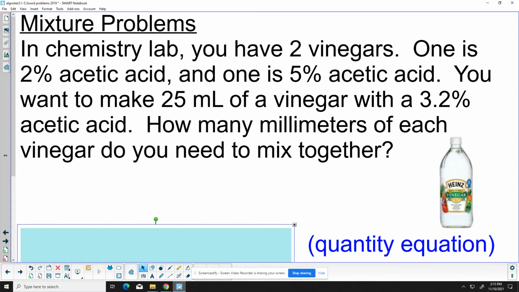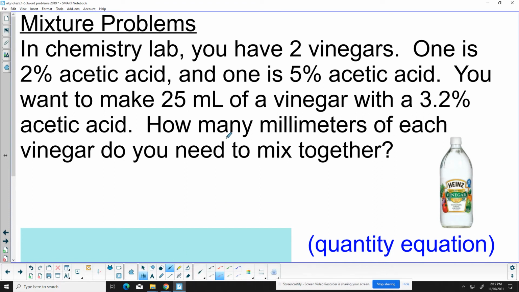So the two totals, again, I always look for those totals first for a system of equations. My first total is going to be the 25 milliliters. And the second total is the mixture percent that I want.